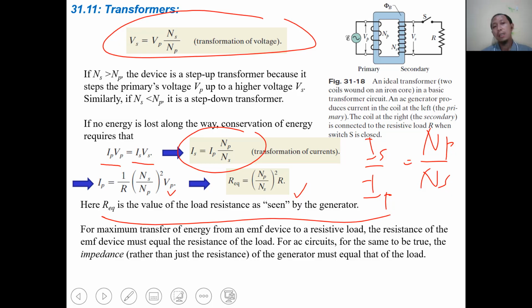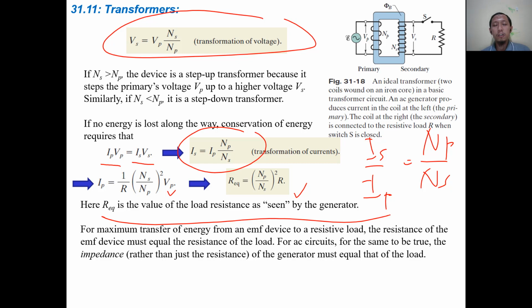Okay, this is the transformer. The transformer can transfer from one side, from primary to secondary. It depends on the turns in the primary. If the turns in the primary are more than the secondary, it means the voltage will be transferred from high voltage to lower voltage.